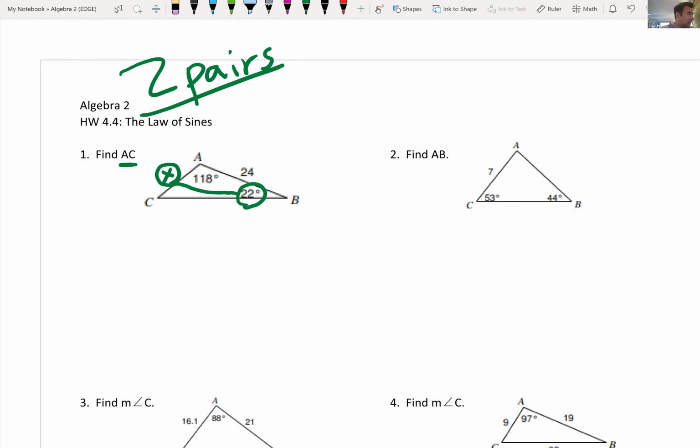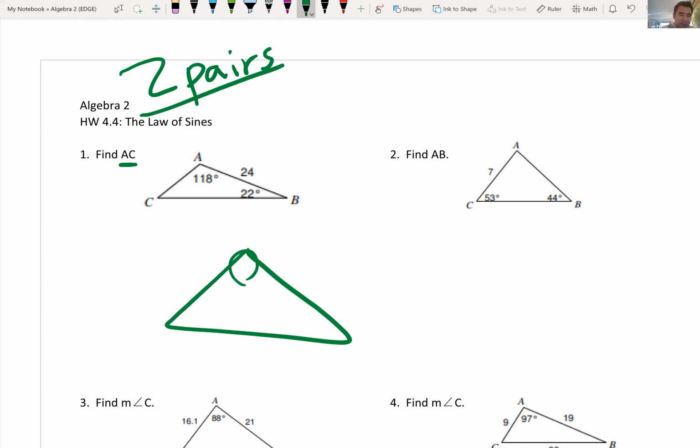Sophia and Gentry are mentioning that the 3 angles inside the triangle add up to 180. Now, if we know that this is 118, this is 22, can we figure out the angle C? Can we not do that?